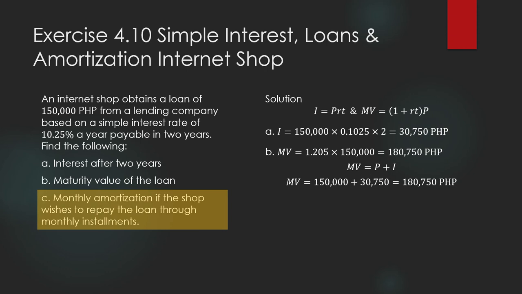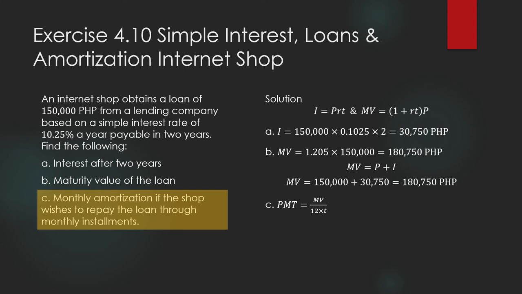How about the monthly amortization? If the shop wishes to repay the loan through monthly installments in 2 years, what should be the monthly amortization? So the monthly amortization is equal to the maturity value of the loan divided by the number of months in 2 years.